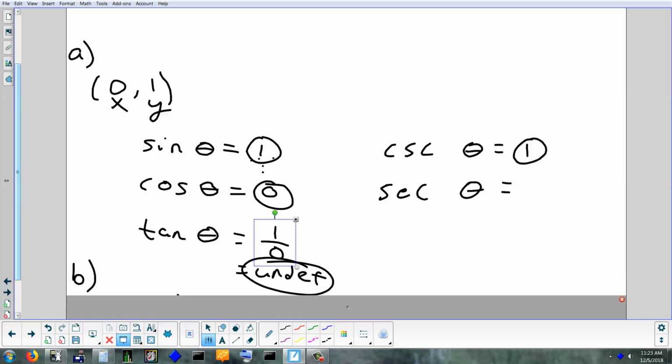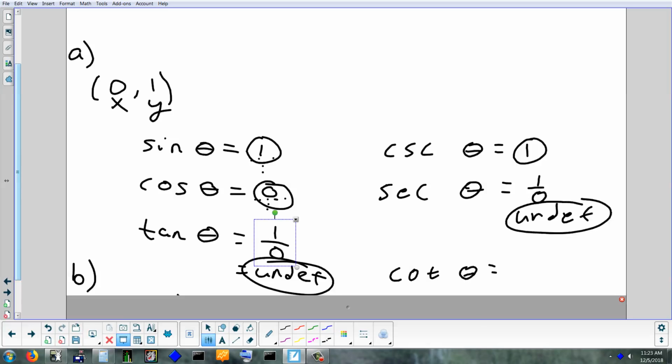We're going to flip the cosine. So again, pretend like that's over 1 if you want. And what do you get if you flip 0 over 1? You get 1 over 0, which we just did. It's undefined. And the last one, COT, stands for cotangent.